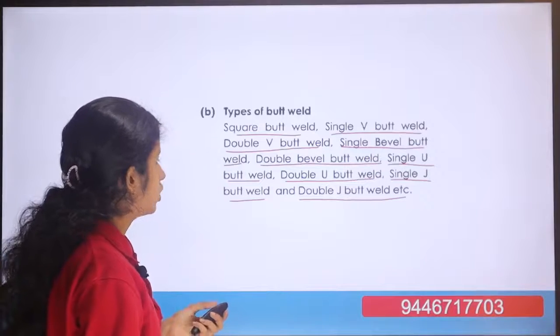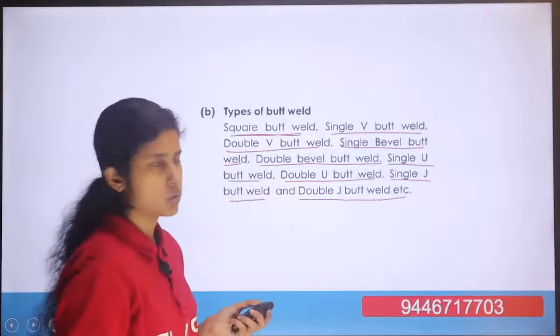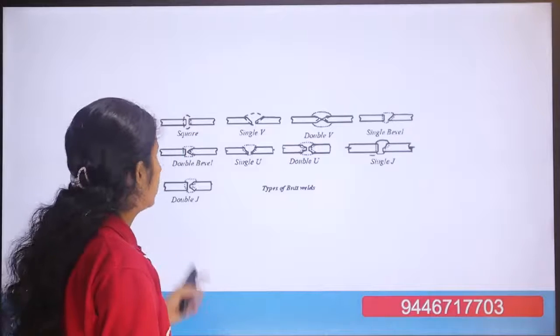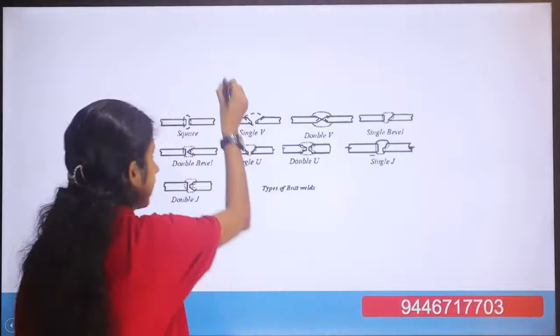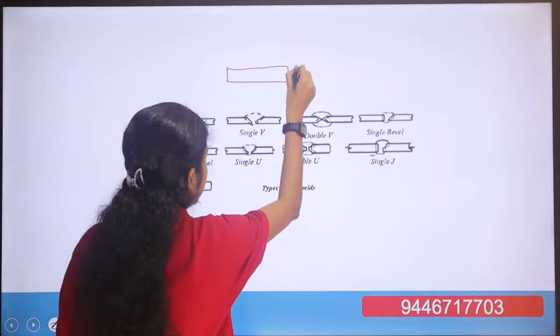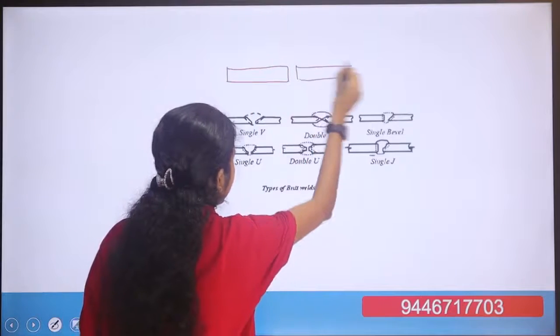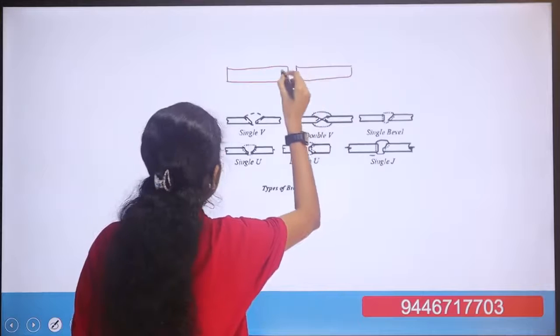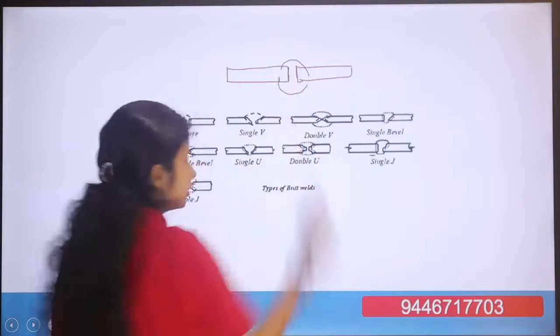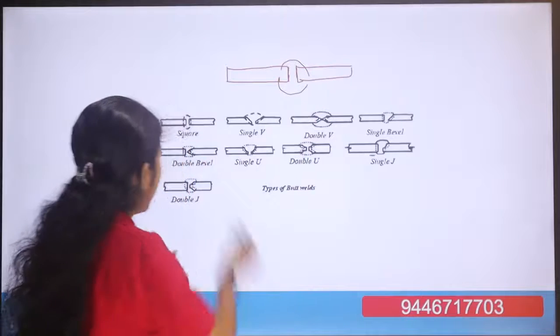First is the square butt weld. If the plates are connected with the edges in square shape, and welding is provided in this section, this is known as a square butt weld.